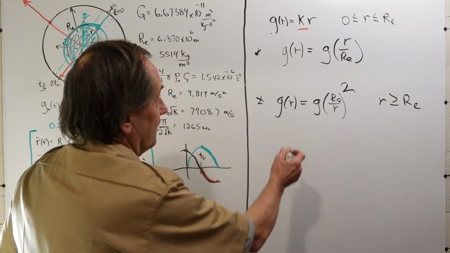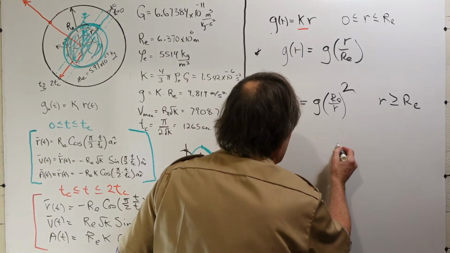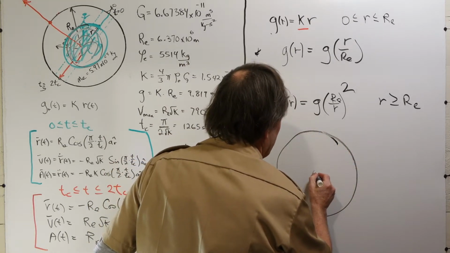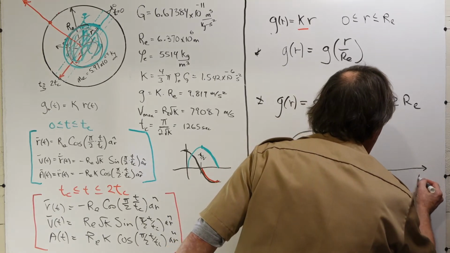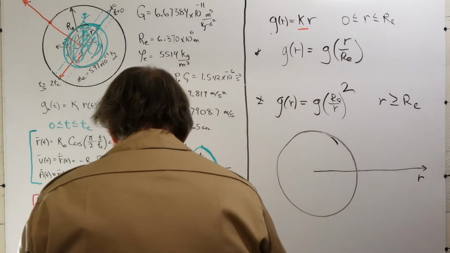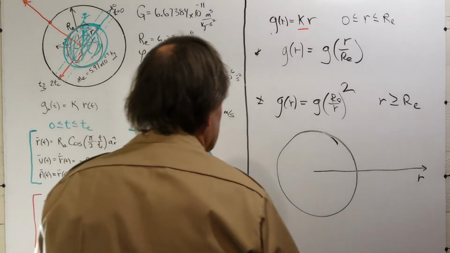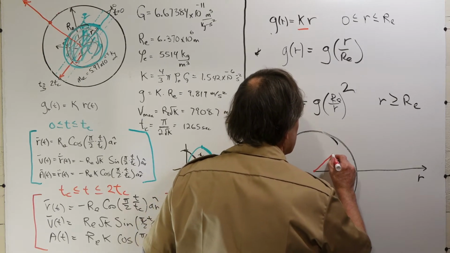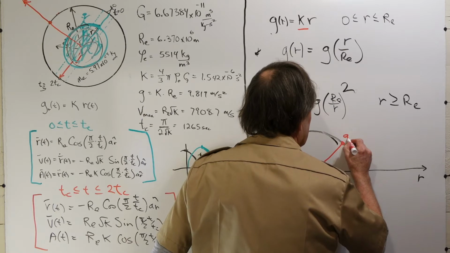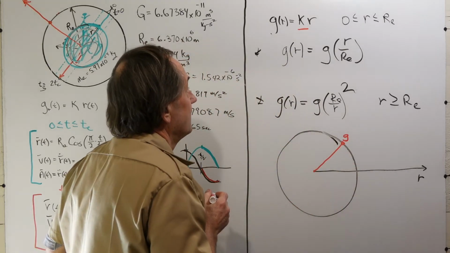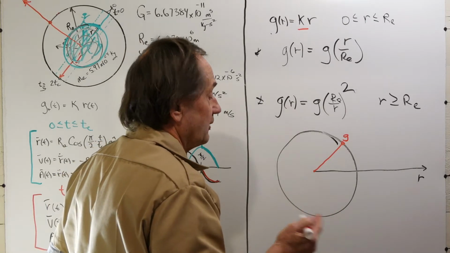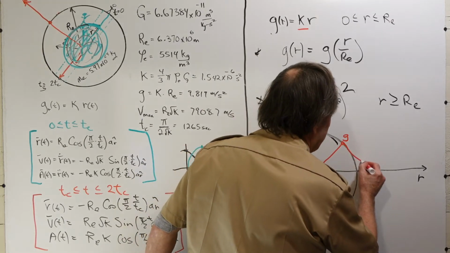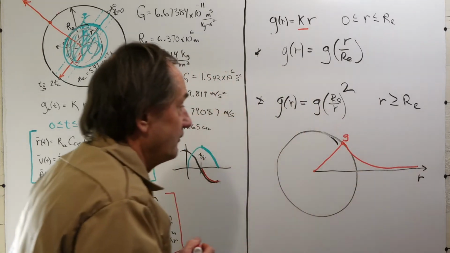Okay, now let's plot out the behavior of this gravitational acceleration as a function of the radial distance out from the center. If we take this as our radial distance r out, then the gravitational acceleration as we start at the center is 0, and then it increases linearly. It reaches a maximum of little g, which is the normal gravitational acceleration we feel at the surface of the Earth, and then it falls off quadratically.